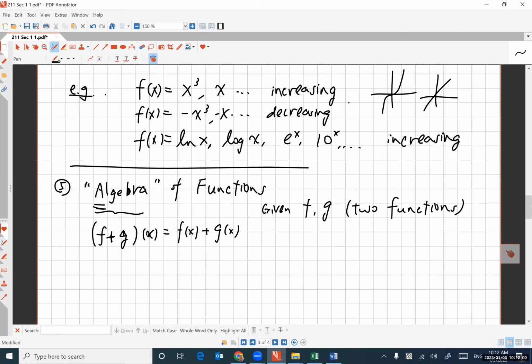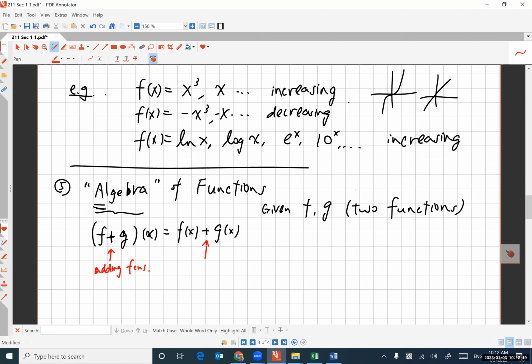Now, I want to emphasize this very important concept here. You see two plus signs here, this and this. These plus signs really don't mean the same thing. Because here, we are adding functions.